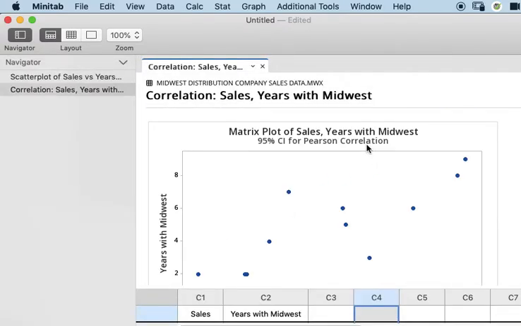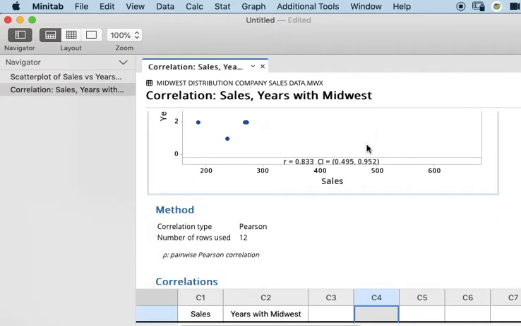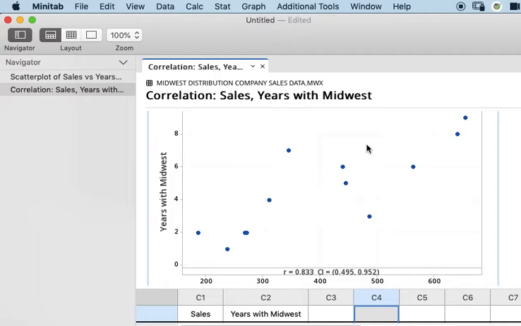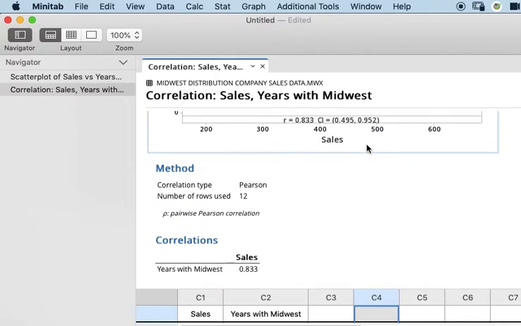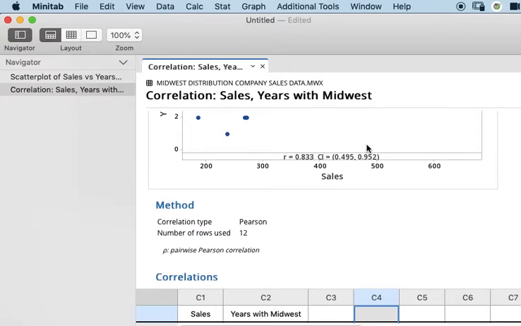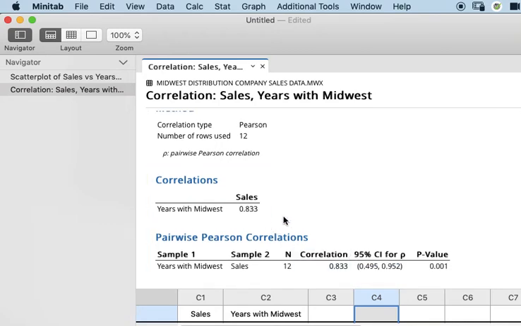Check that box, and then click OK. Click OK again. And then it's going to pull up the graph, kind of similar to our scatter plot that we just saw. But if we scroll down here, we can see the correlation. It's also displayed on the scatter plot right here, the R value. We see our correlation value is 0.833.